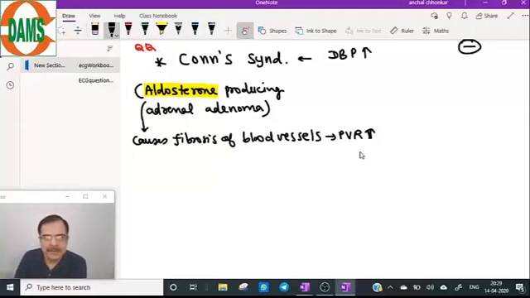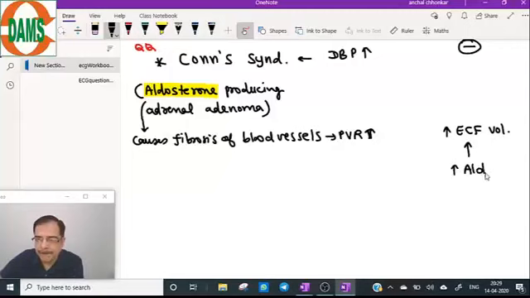Also, because of aldosterone, there is increased ECF volume. Extracellular fluid volume will be increased.